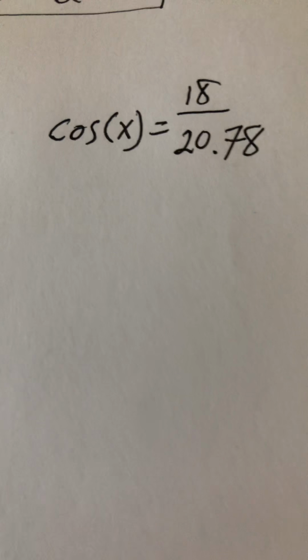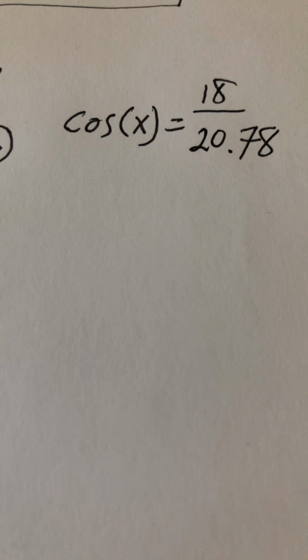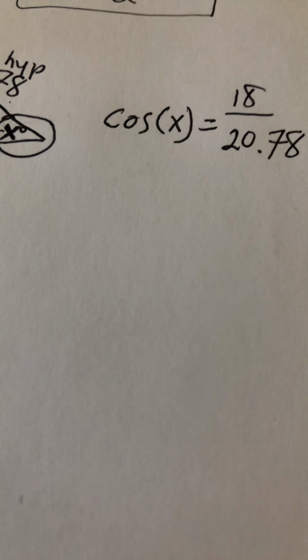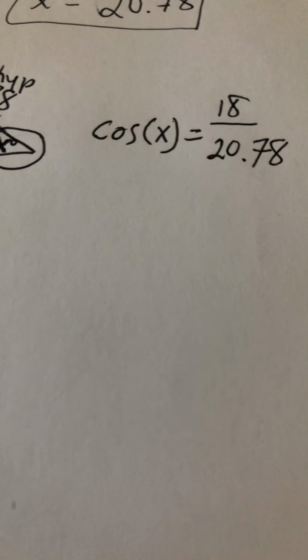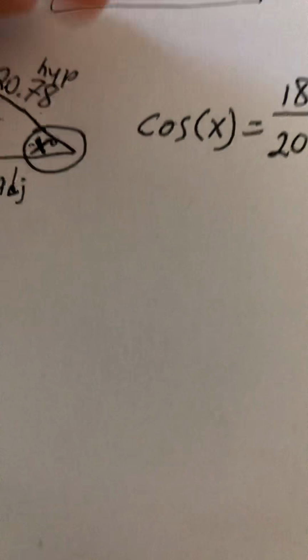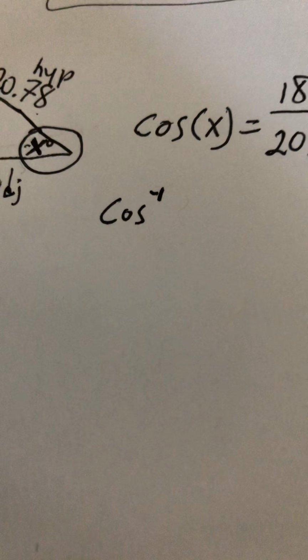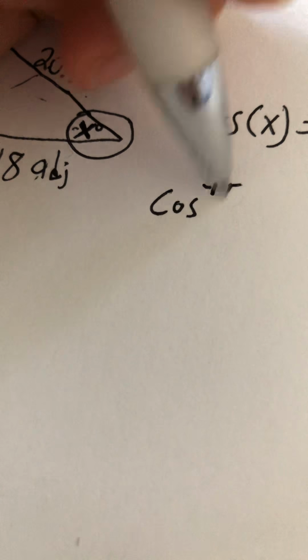Now, when we solve, we use our inverse operations. So, opposite of addition is subtraction. Opposite of multiplication is division. Well, the opposite of a cosine is called an inverse cosine. It looks like that. Inverse cosine. So we are going to do that to both sides.